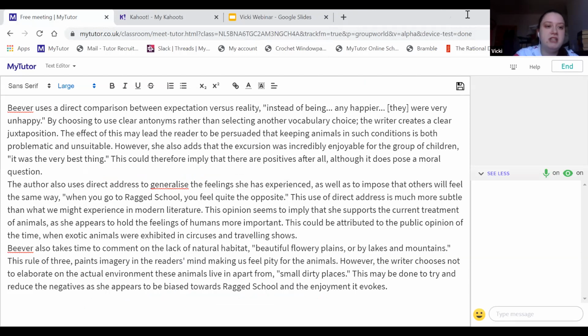Right, what is juxtaposition? Fantastic question. So a juxtaposition is having two ideas which are the opposite of each other.